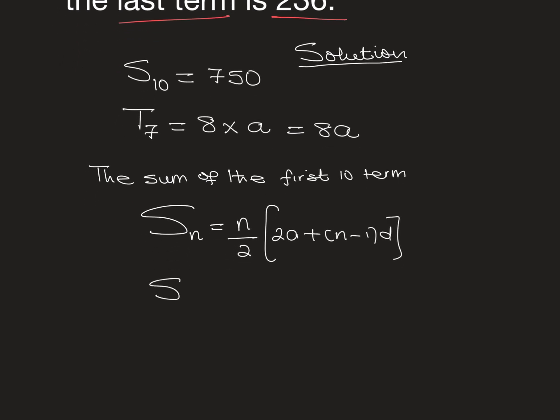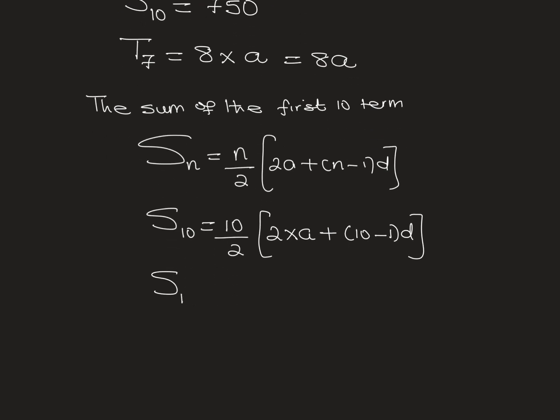So the sum of the first 10 terms is equal to 10 over 2 into 2 times a plus 10 minus 1 times the difference. 10 over 2 is 5 into 2a plus 9d.